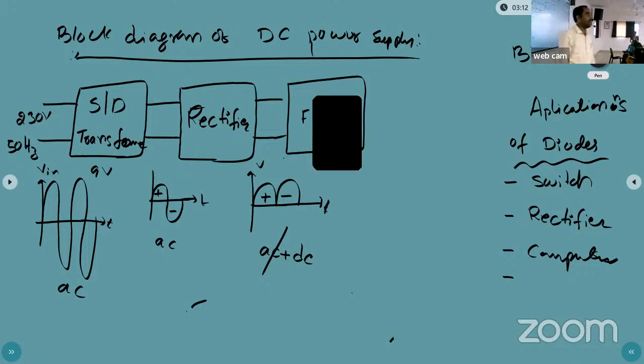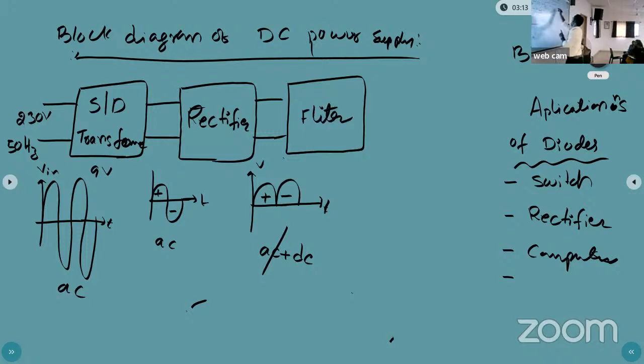Like a water filter removes impurities to give pure water, here the filter removes the AC part and gives only the DC part.